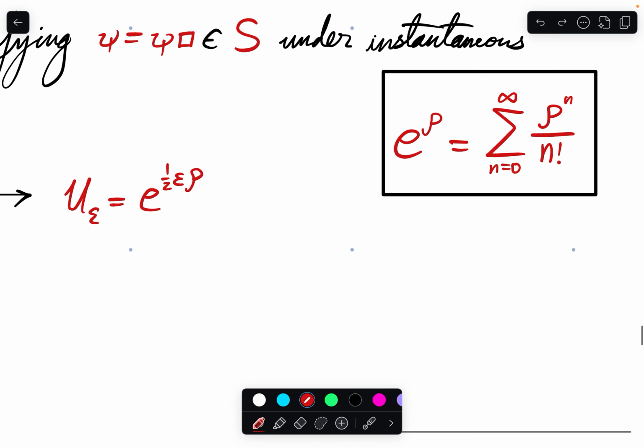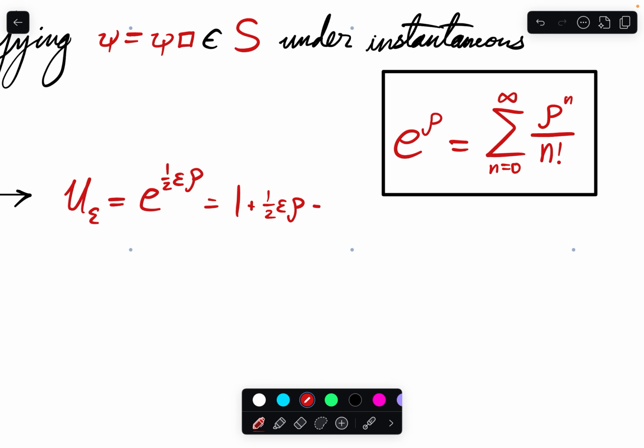If it's infinitesimal, we can expand this summation here, which is just the Taylor expansion. And we're going to just get the first term. That's going to be everything to the power of 0, so just 1. And then plus 1/2 epsilon rho.